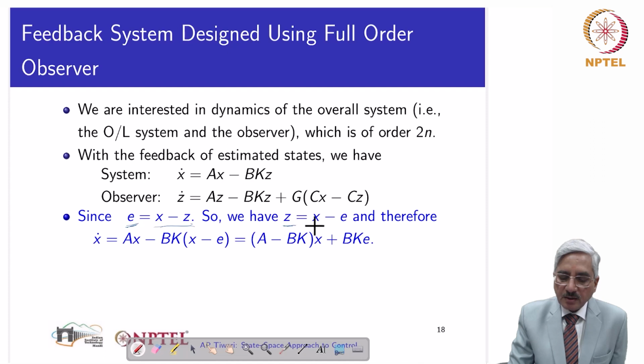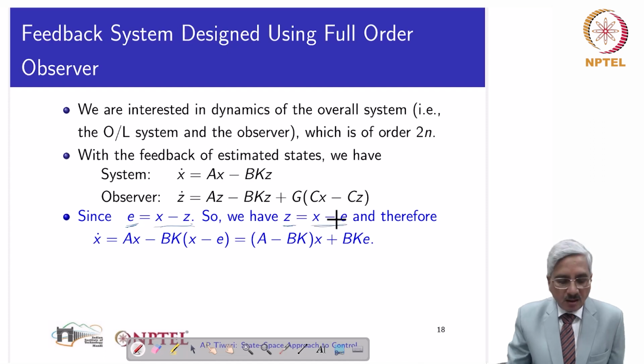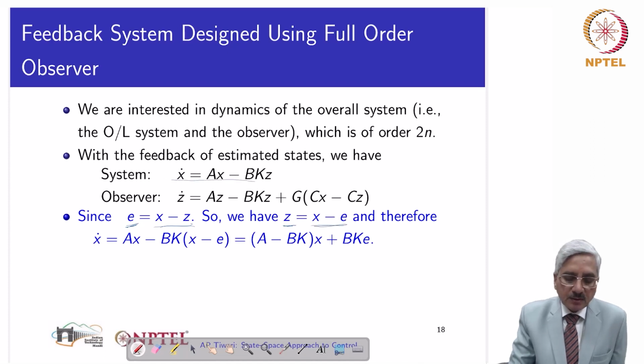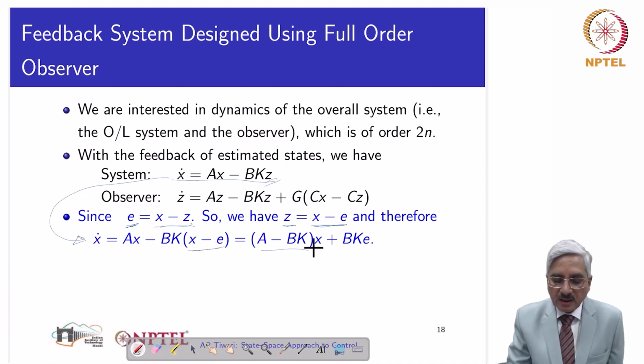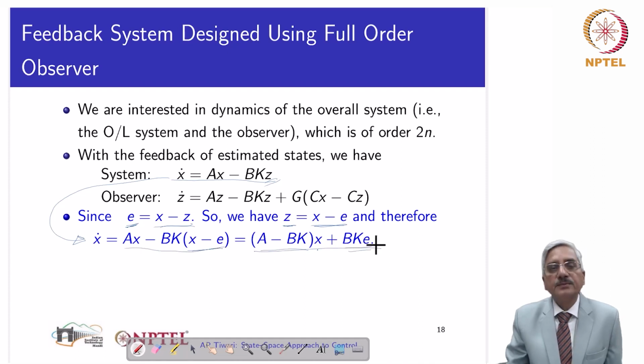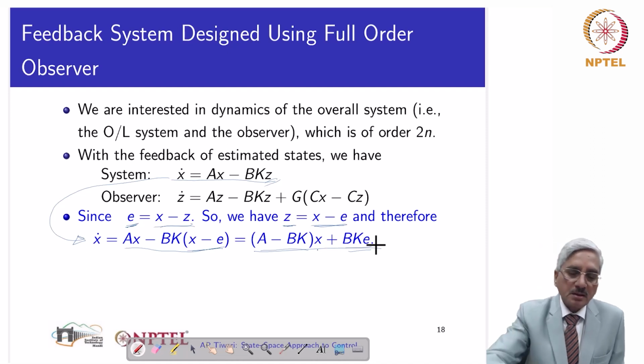From this we will have z equal to x minus e, and therefore this equation becomes x dot is Ax minus BK, in place of z we have x minus e. So we get (A minus BK)x plus BKe.